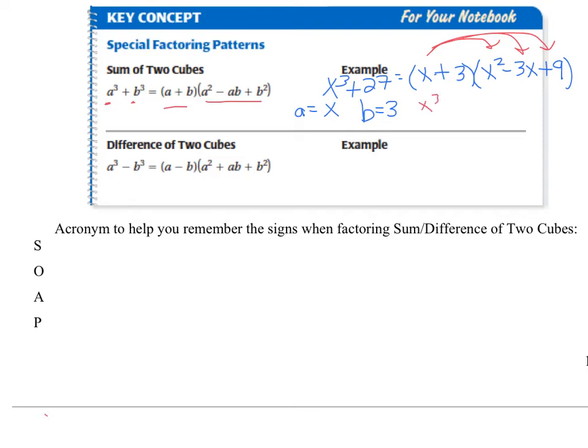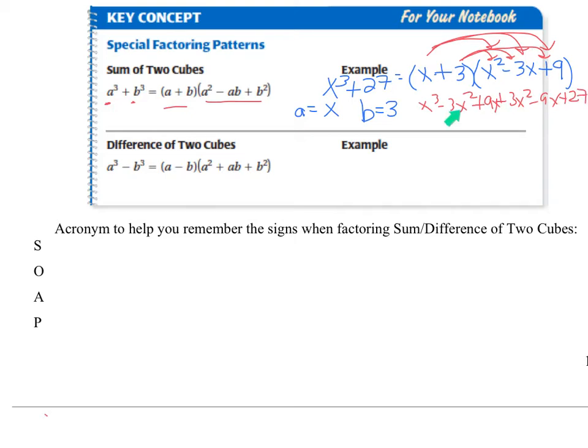So if we distribute the x, we get x cubed minus 3x squared plus 9x. Then if we distribute the 3, we get plus 3x squared minus 9x. Oh, I forgot my x on my first line. Minus 9x plus 27.